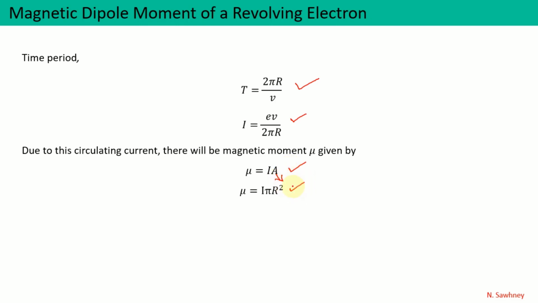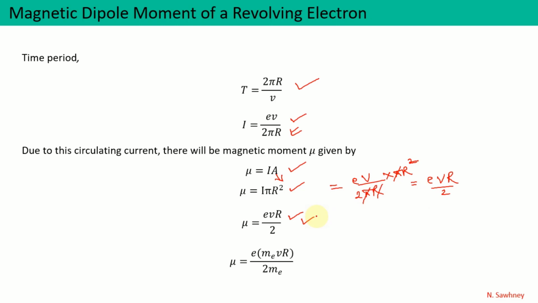Now putting the value of the current I from the above expression, we can write the magnetic moment as evr by 2. See here, it is ev by 2 pi r into pi r square, so we will get evr by 2. That is this expression.